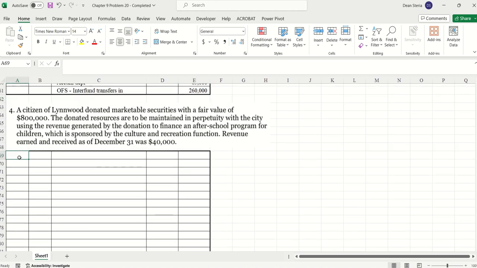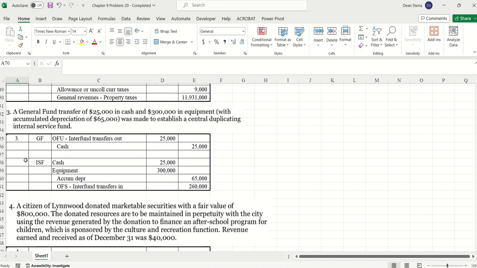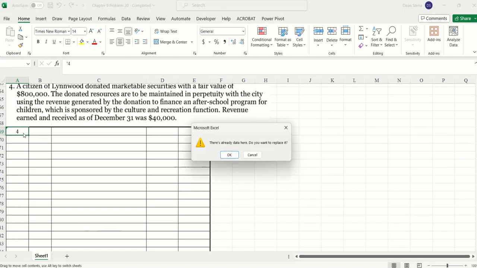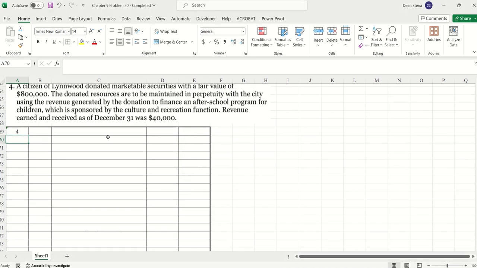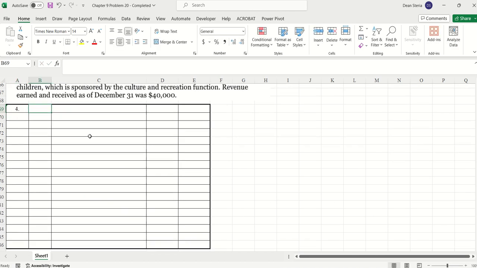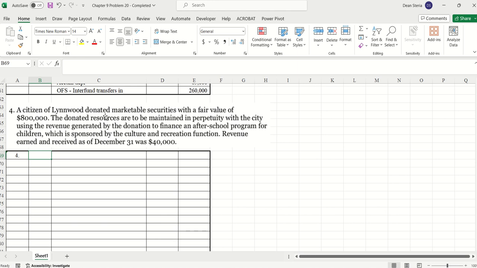Number 4. A citizen of Linwood donated marketable securities with a fair value of $800,000.